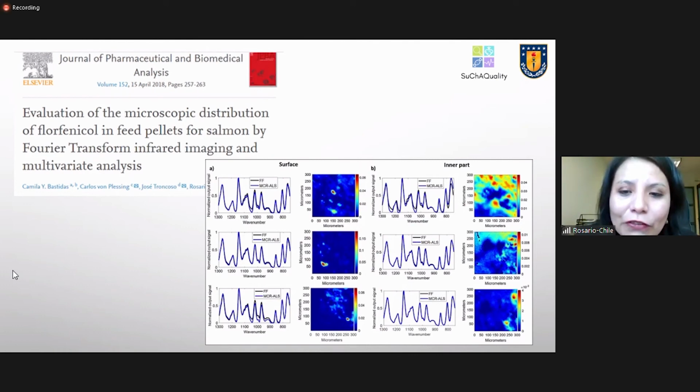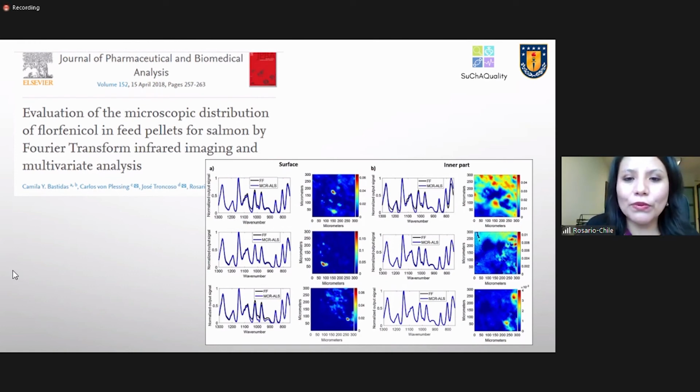So we are looking for a sensitive technique to localize the florfenicol, and we scan the sample using mid-infrared spectroscopy, and the scanning gives us a hyperspectral image, because each pixel has one spectrum associated, and then we use all the spectra to be submitted to a multivariate resolution.